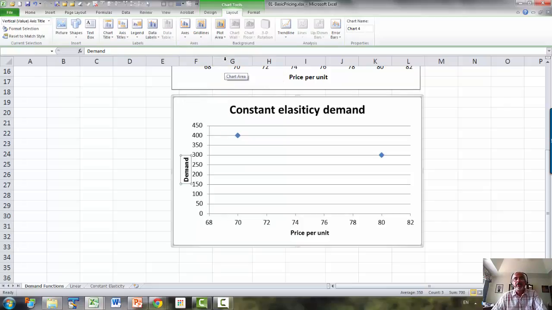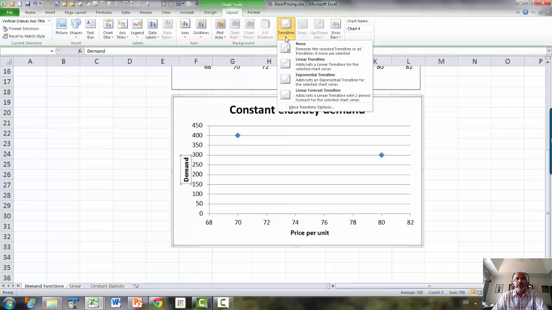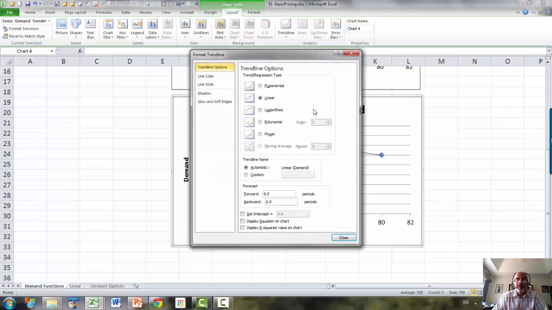Now we want a power trend line, so go to more trend options, select power, then display equation on chart.